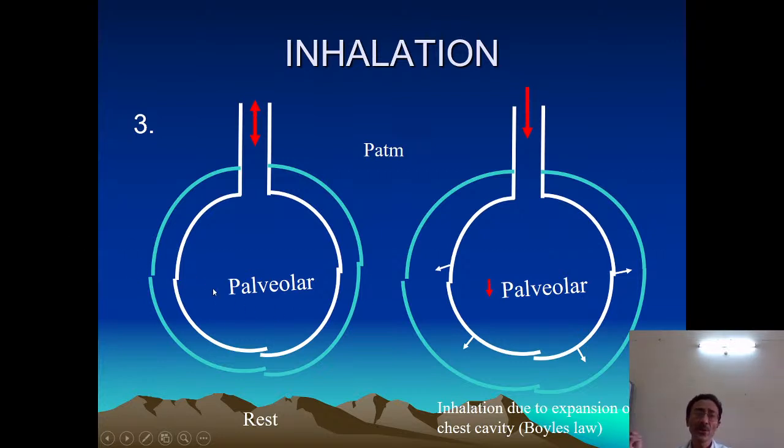So, three pressures you should know. The pressure present in the alveoli is the alveolar pressure. The pressure present between the visceral pleura and the parietal pleura is the intrapleural pressure, and the difference between the intrapleural pressure and the alveolar pressure, or the difference of pressure across these two, is known as the transpulmonary pressure.